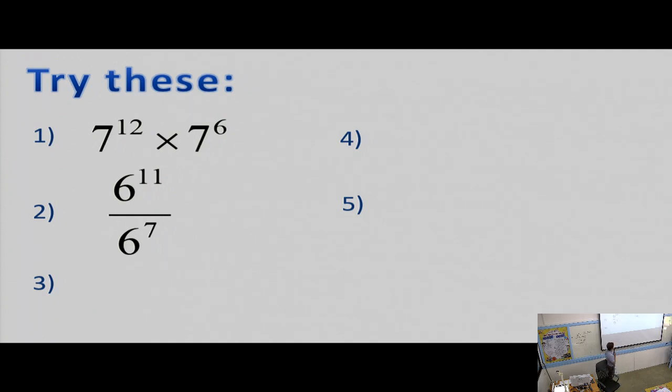So what is 6 to the power of 11 over 6 to the power of 7? Very good. That is 6 to the power of 4.